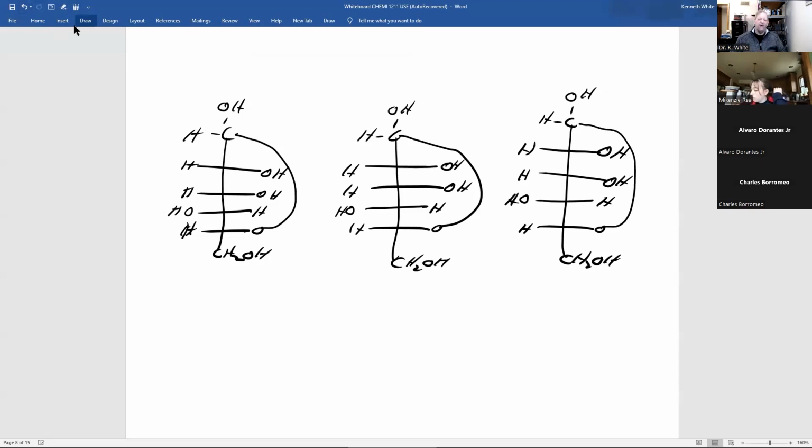Now, if you look on the board right now, you'll see the same molecule written 3 times. If I had a wider board, I would do another one, but you don't have to. Now, let's call these A, creative, aren't I? A, B, and C. Now, if we look at A, what do we have?